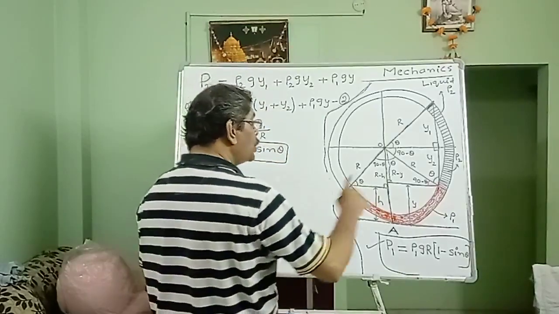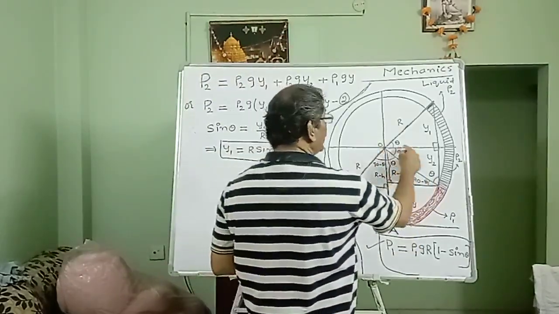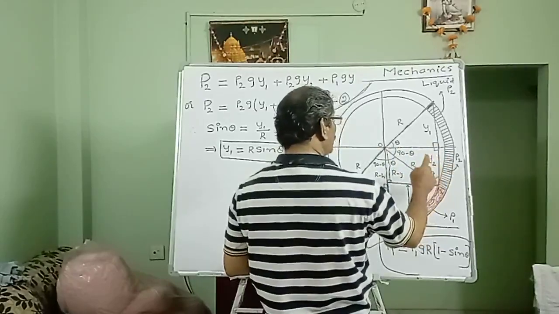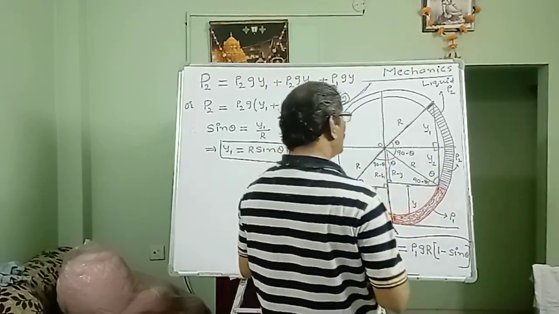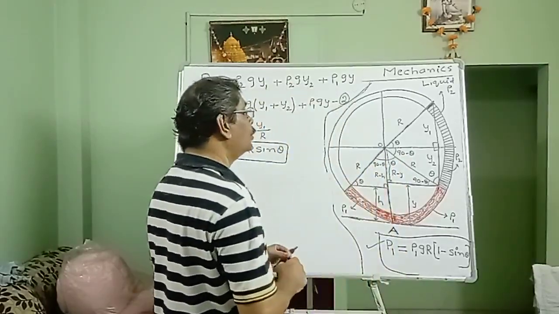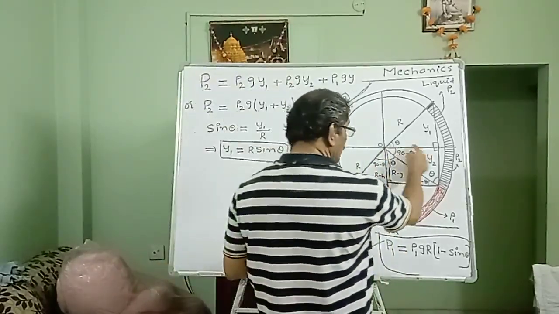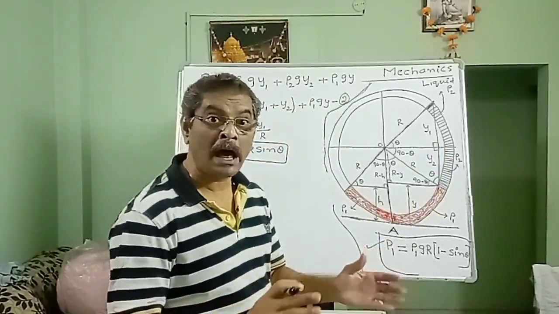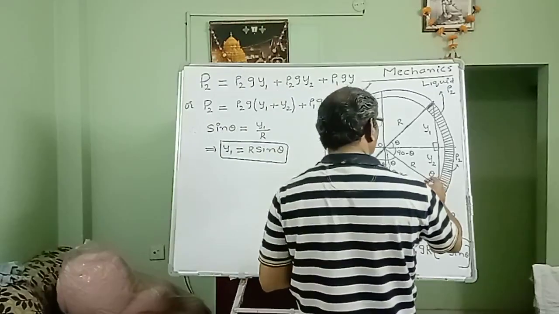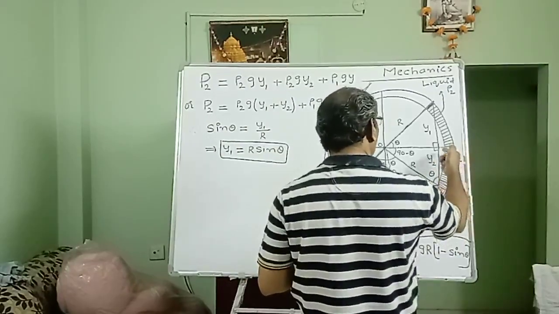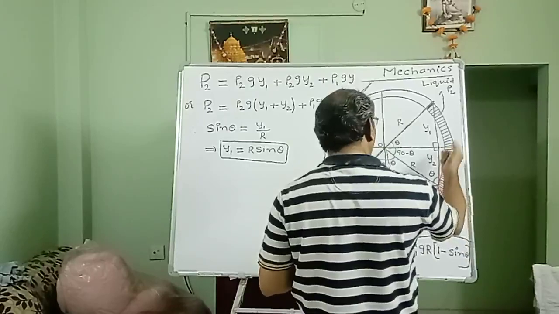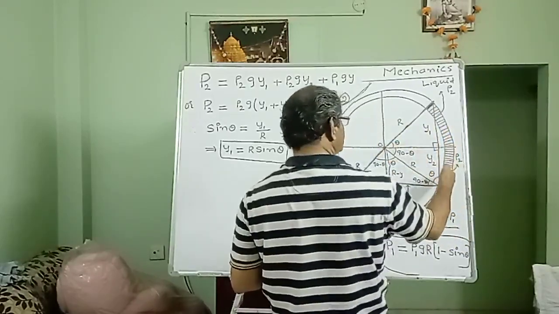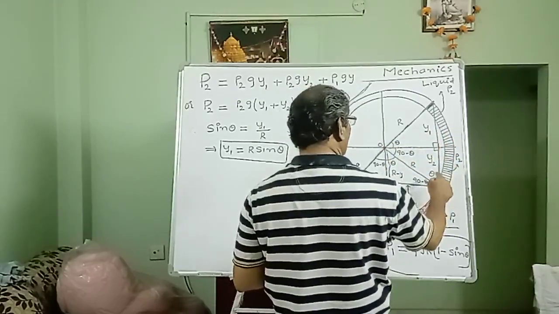Now similarly, take the second right angle triangle. In this triangle, find out the value of cos theta. Cos theta will be adjacent divided by hypotenuse from the second right angle triangle.